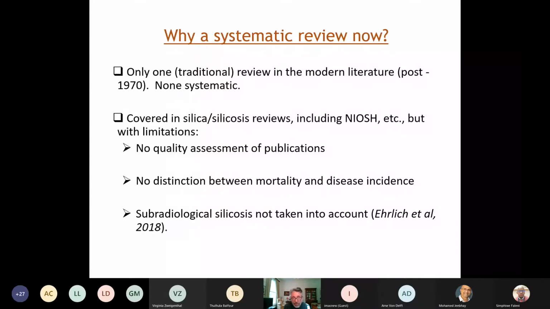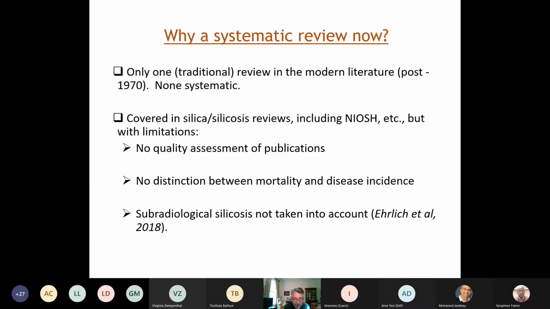It's based on a type of grab bag of studies that have been done. There's no quality assessment. A lot of the studies have been mortality studies rather than disease incidence studies. The problem with mortality studies is that it may not necessarily be a causal link between silica and disease, but rather between working in mining and mortality, and there are selection effects and diagnostic problems. And so one cannot rely only on mortality studies, although they point in the same direction. However, the other notion which is missing really is something that we've worked on and in fact published on in 2018.